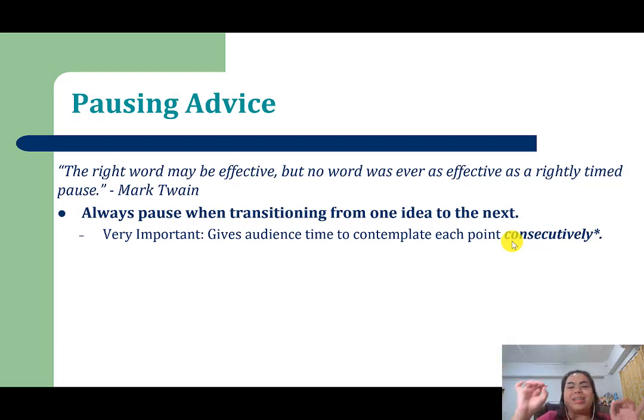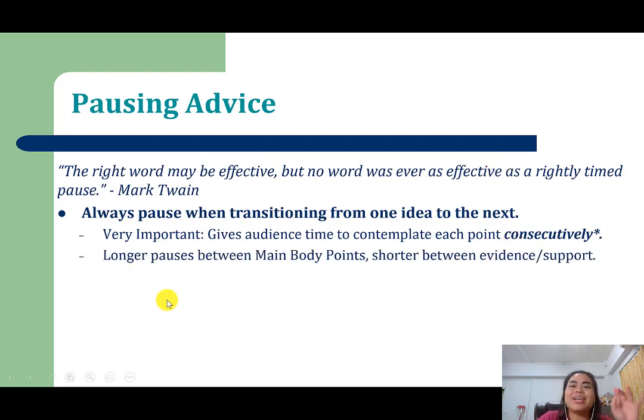They notice the pause that you have there so that they know, oh, okay, you already finished the first one. You're going to talk about the second point now. Give them cues, okay? A small pause between one point to the other, but you can even have longer pauses between main body points. So between main body point 1 and main body point 2, you can have a longer pause like this. First main point, we're going to talk about.